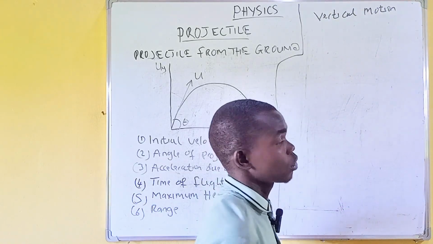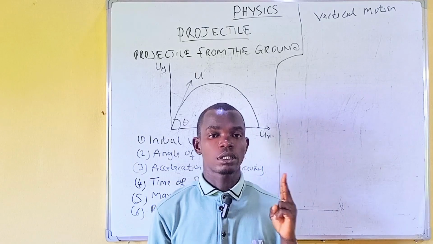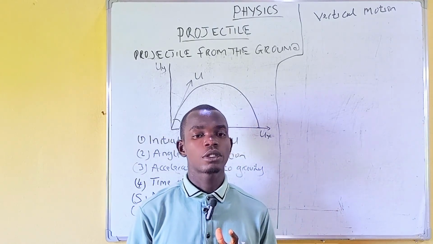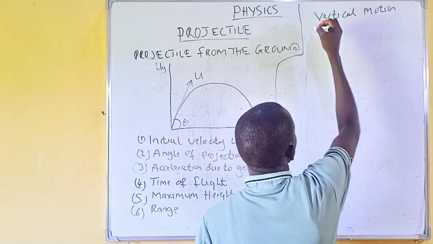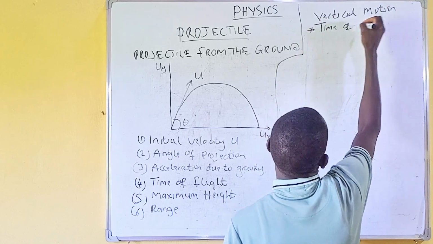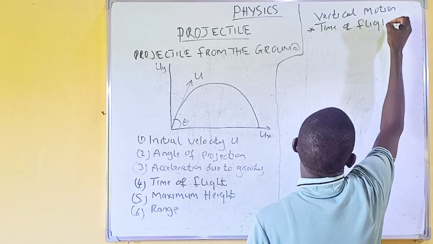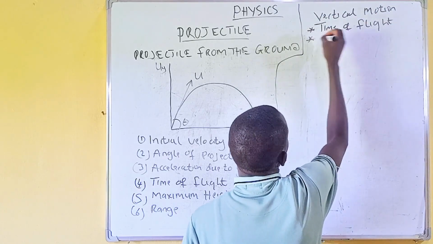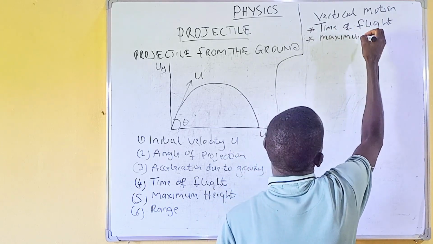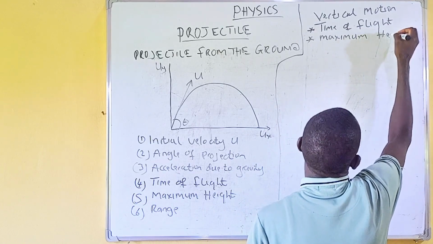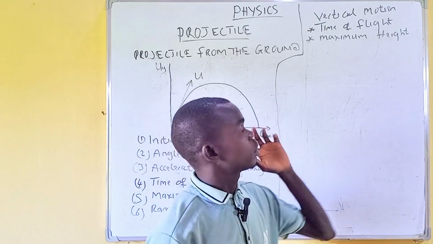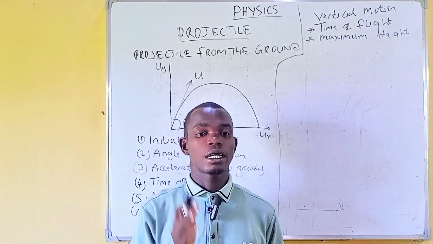Under this vertical motion, we will consider 2 things: the time of flight and the maximum height. These are the 2 things we consider on the vertical motion.